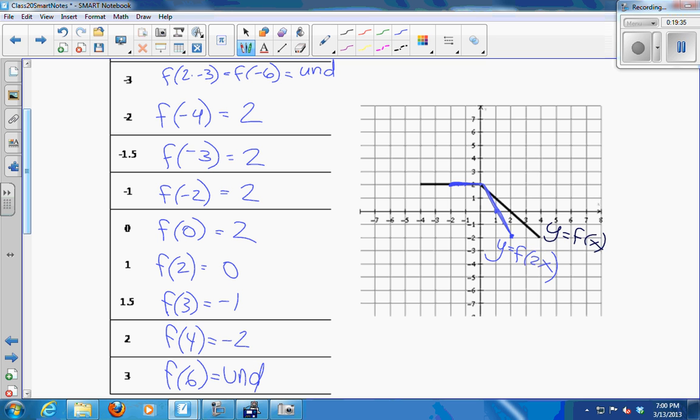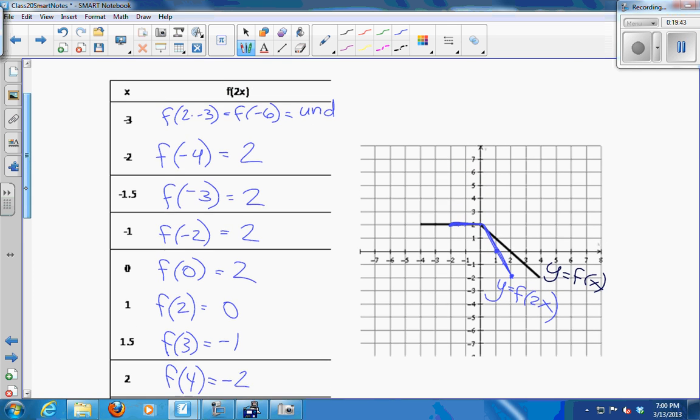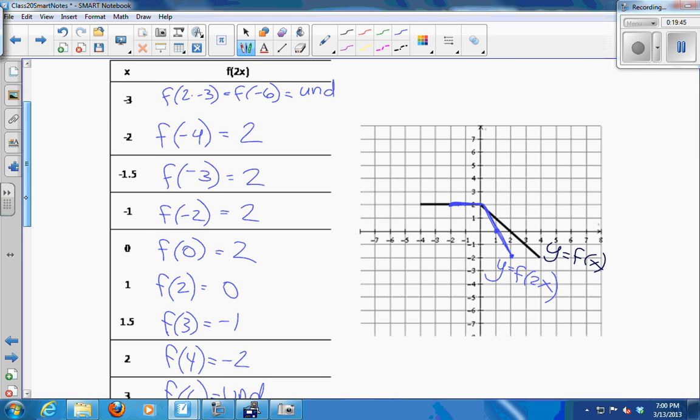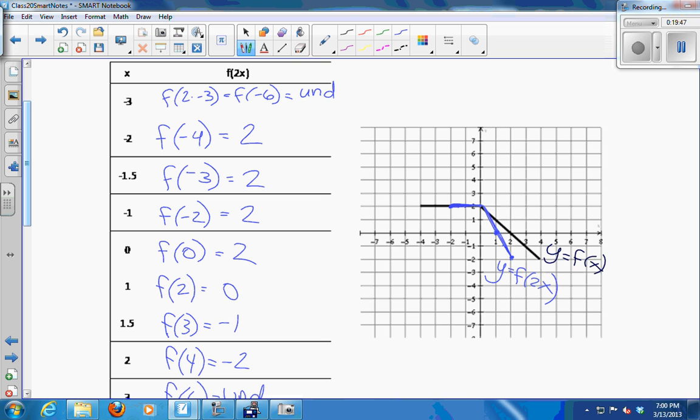Yeah, it shrunk horizontally, right? And it shrunk all the x values by half. So the number I was multiplying by was 2, but it shrunk everything by a half. So it kind of did the opposite of what we expected. You would think that when you multiply by 2, you'd get bigger, but multiplying by 2 actually makes us shrink by a half.